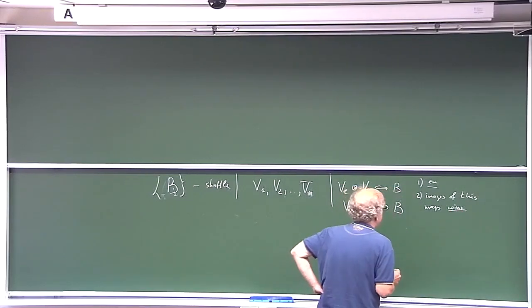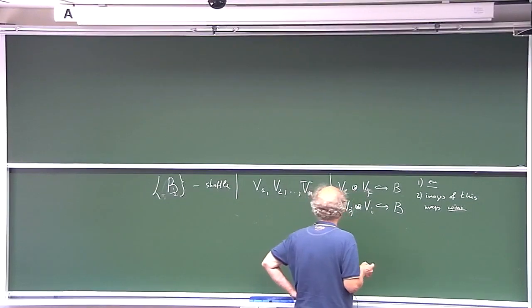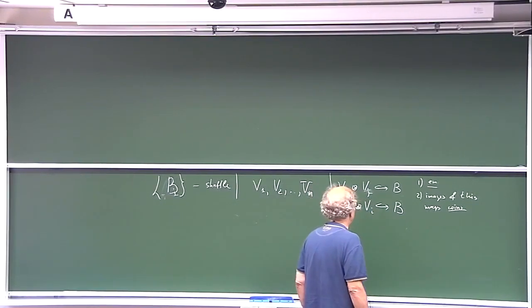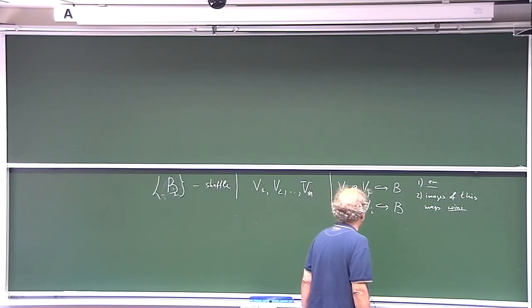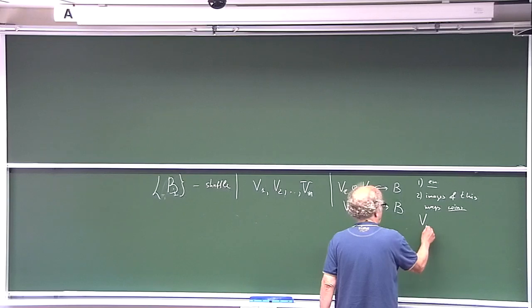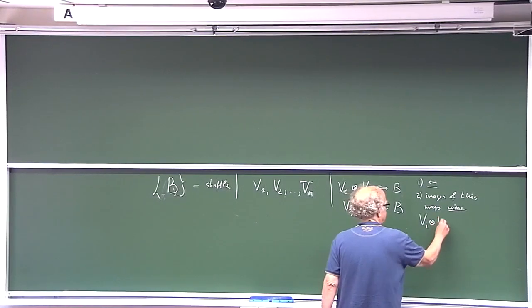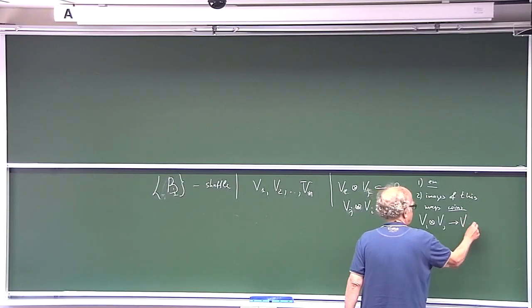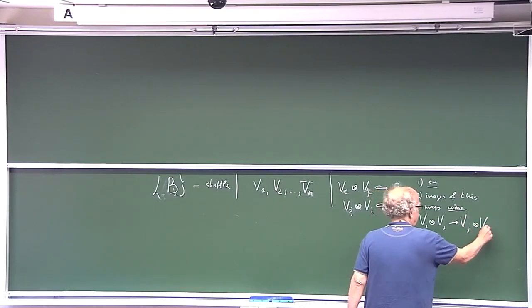If such a situation is happening, then it gives us a matrix from VI times VJ to VJ times VI.